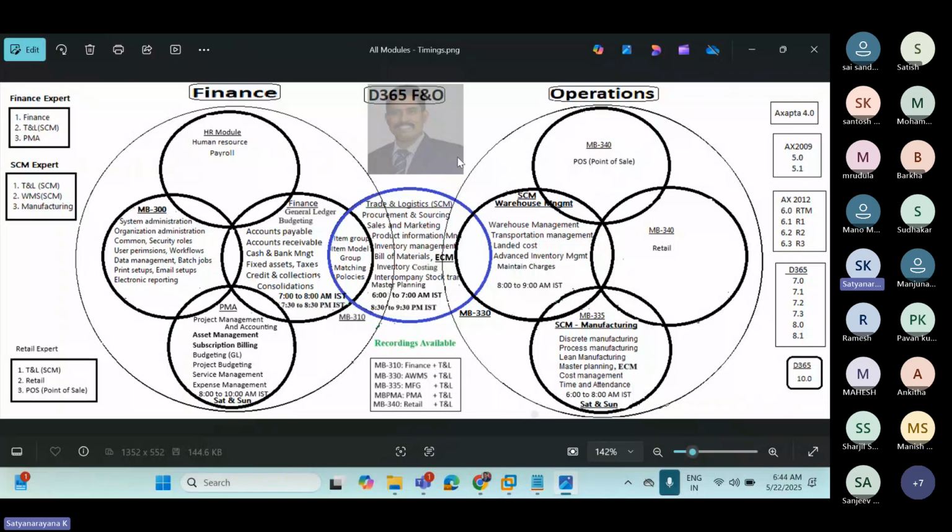HR is not a part of finance. I cannot draw this as finance because finance means the finance module first. Next, you need to learn SCM trade logistics. Next, you need to learn PMA. Then you are going to become a finance expert.